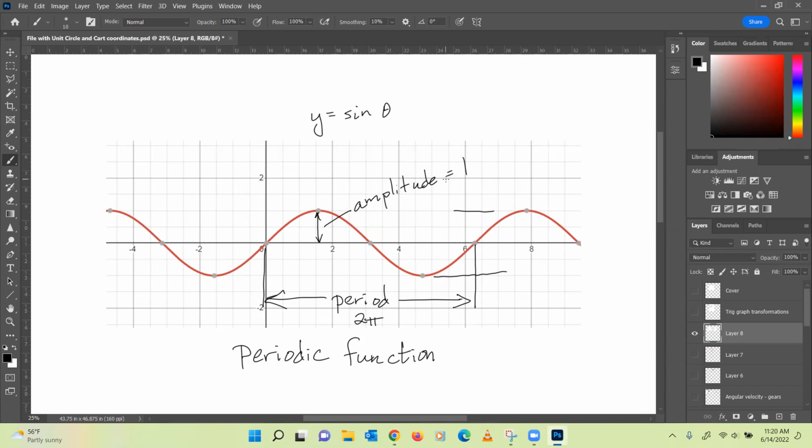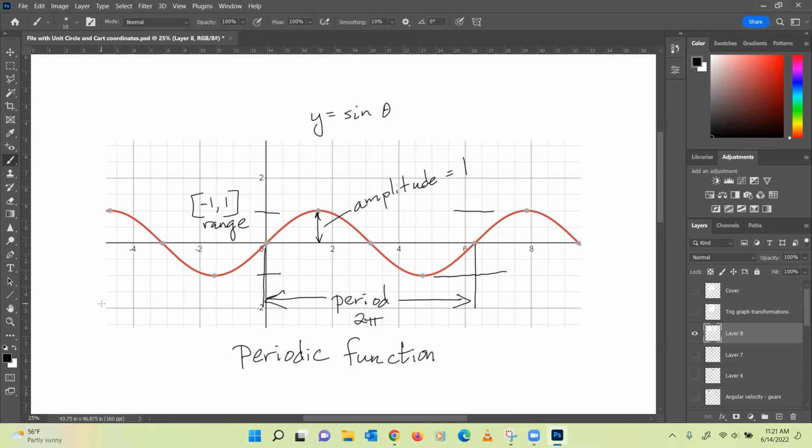So now we know the amplitude and we know the period. We can also see that the range of this function, since we've often talked about domain and range, the range is from, oh, I should use a bracket because we actually include it, -1 to +1.